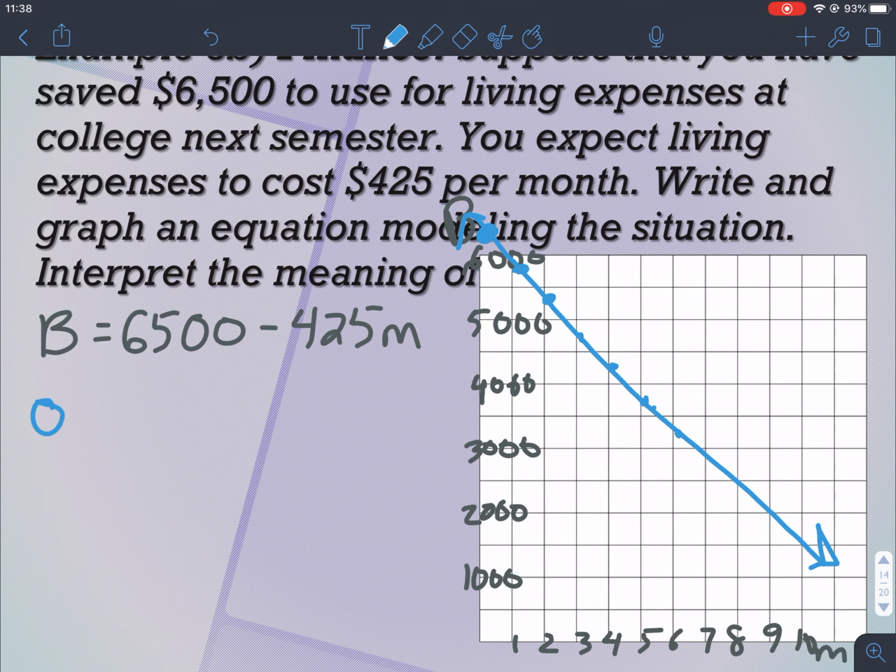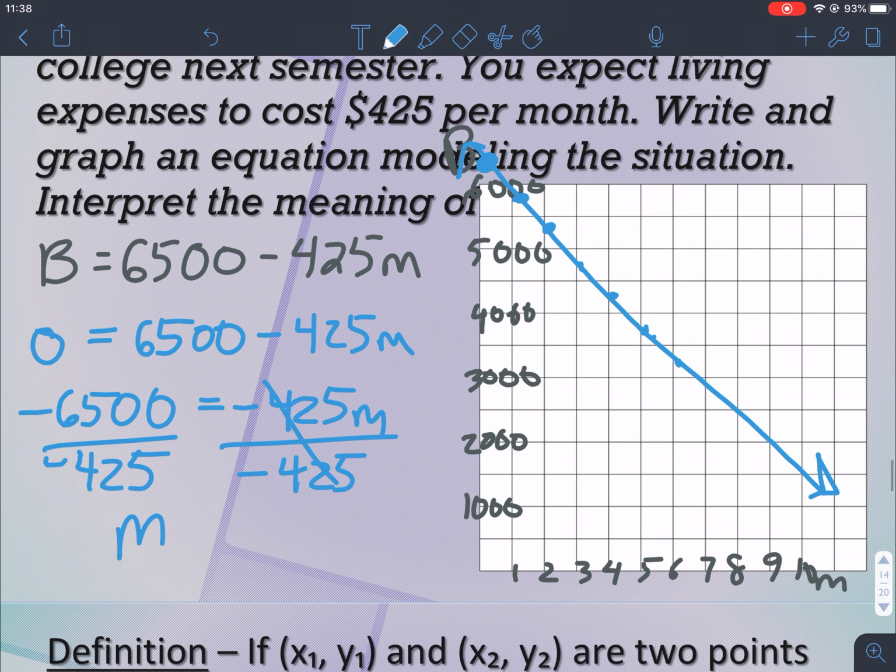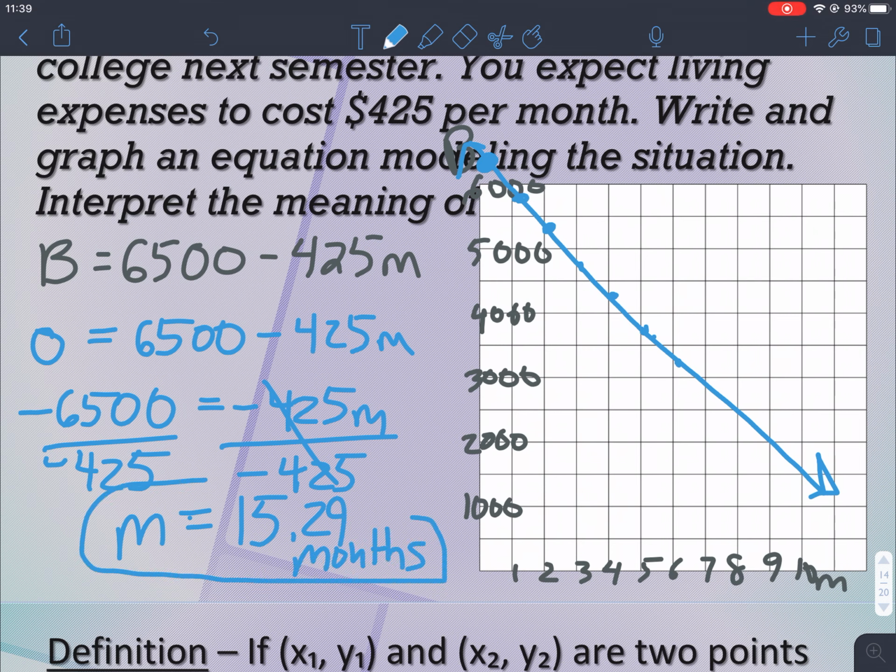Again, we'd have to let our budget be 0 and solve. Divide by negative 425. A negative over a negative is a positive, so m should be positive. 15.29 months. So even though the way I set up my graph doesn't show the x-intercept, I can still interpret that algebraically and say we have about 15 months worth of living expenses.